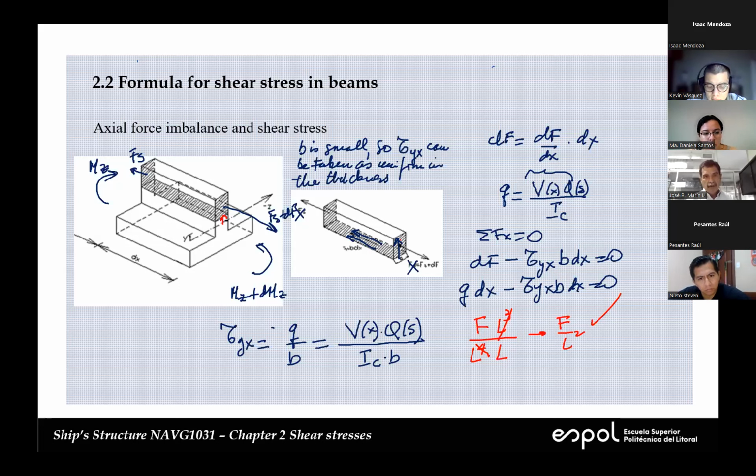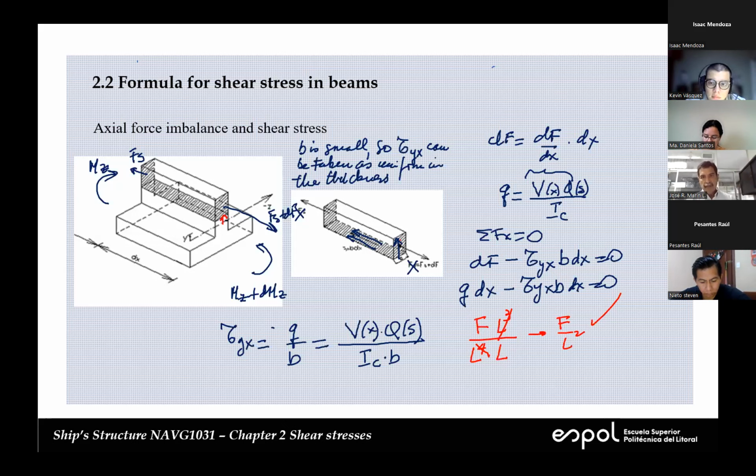So this is a negative. So that means that the positive shear points in the negative x direction. And this is what I'm showing you here. This is very important because we need to consider the direction to have equilibrium, okay?